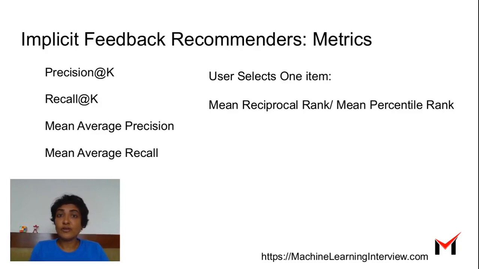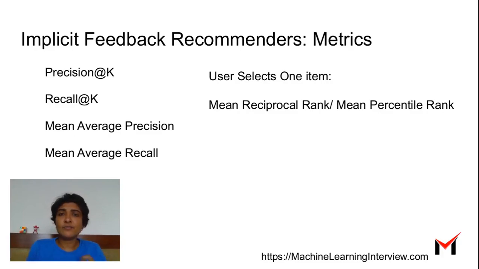Now, precision at K is more frequently used. What this means is, let's say K is 3. What fraction of your items recommended are relevant within the first 3 items? If K is 5, out of the first 5 items that are recommended, what fraction of them are relevant?